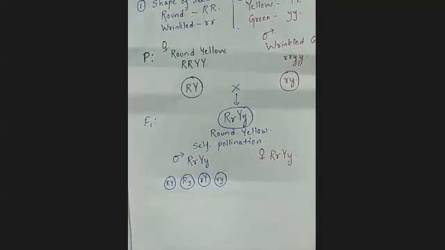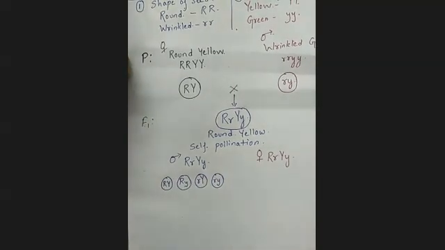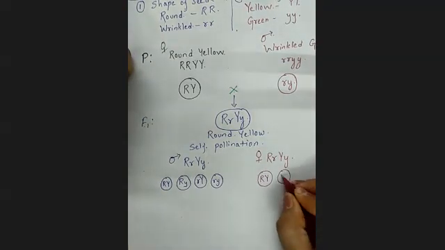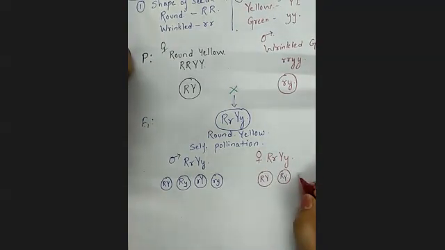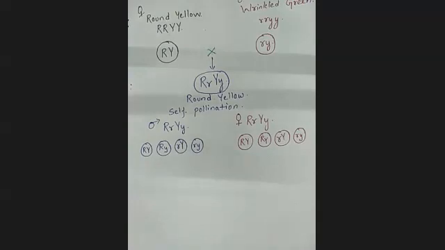Is it clear to you? Yes, ma'am. That is how he obtained the gametes. Similarly, the ovules were also having these types of combinations, RY, some like this, some having this type of genetic combination, and some having this one. This is how he obtained the gametes.